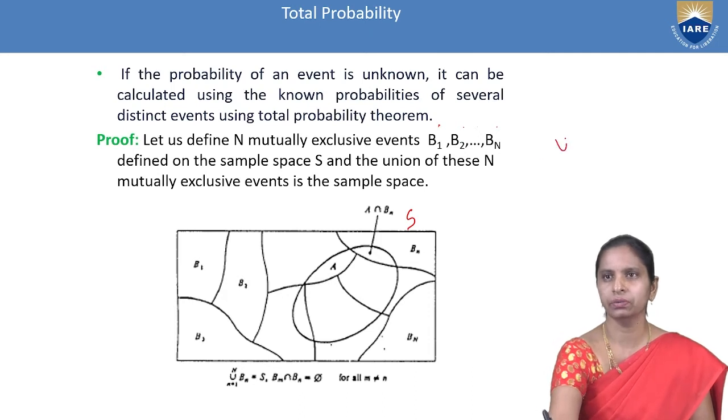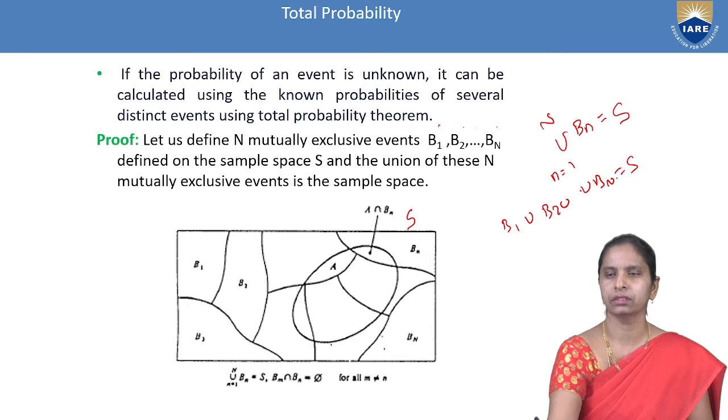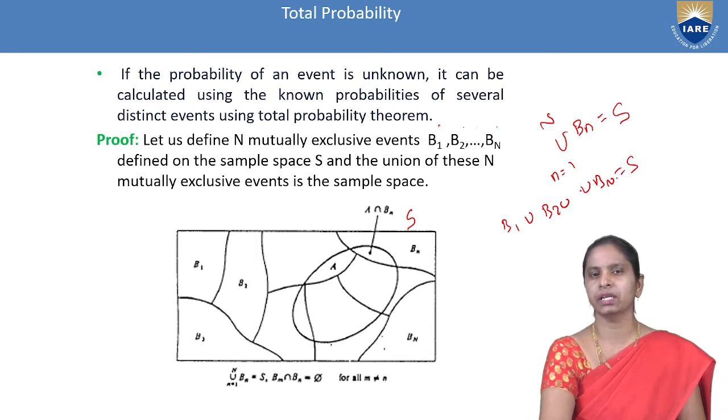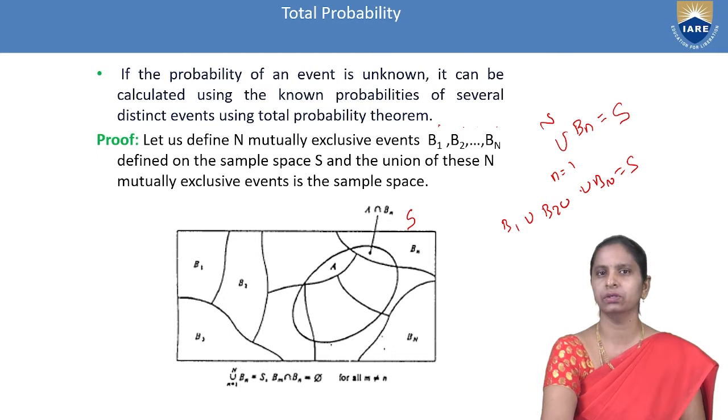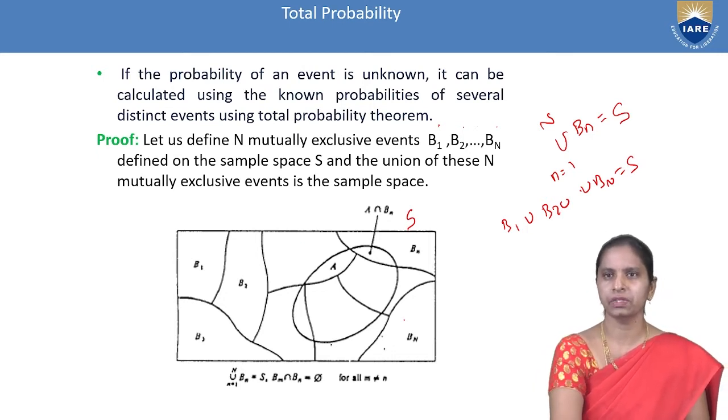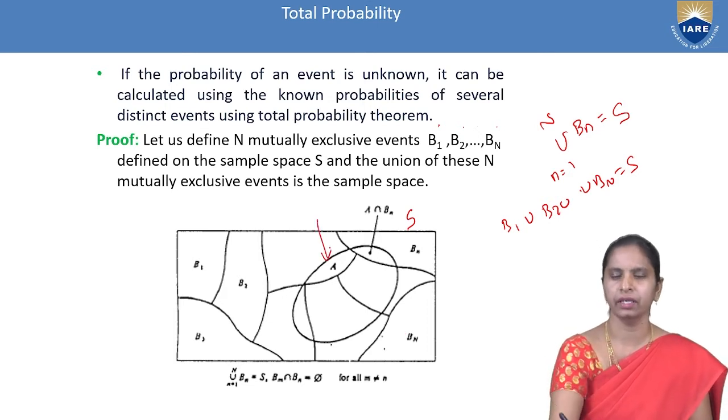The union of these n mutually exclusive events is equal to the sample space S. That is nothing but B1 union B2 union and so on Bn is equal to S. Now on this sample space I am defining an event A.